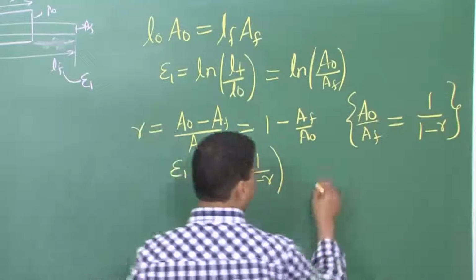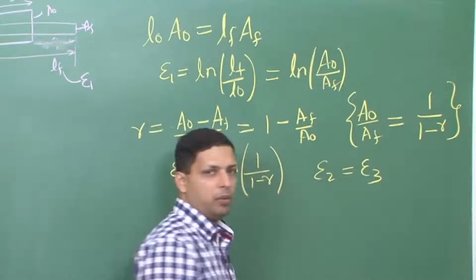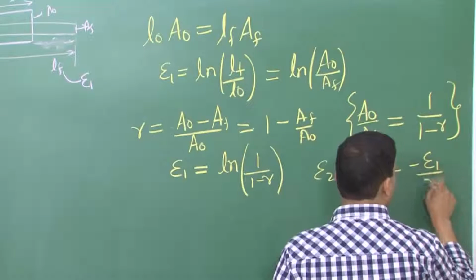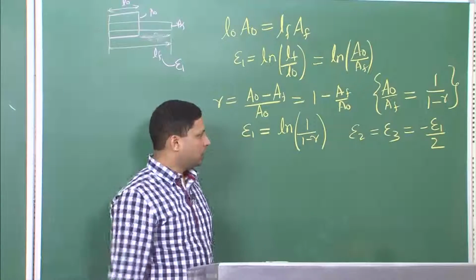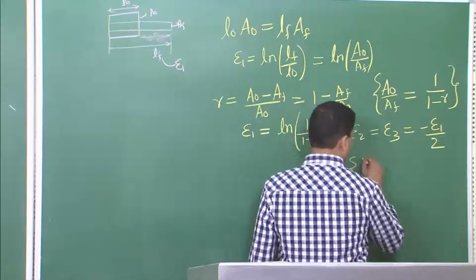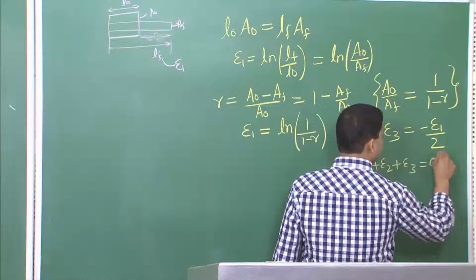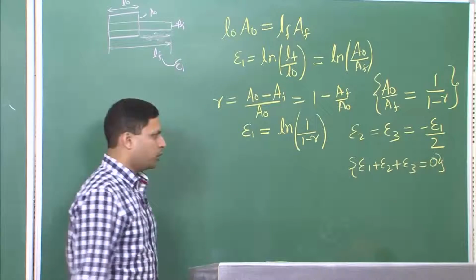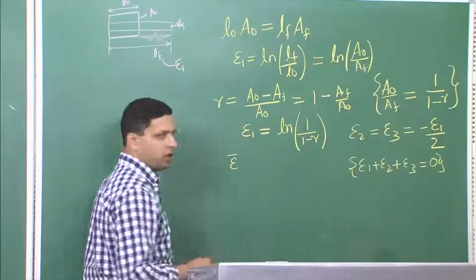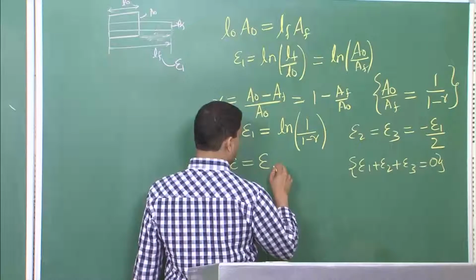Now, that is not all. What about epsilon 2 and epsilon 3? They will be equal, and each will be equal to minus epsilon 1 by 2. Why? Because we have to have incompressibility, which is epsilon 1 plus epsilon 2 plus epsilon 3 equal to 0. You remember we also did the same thing for the tensile test, and over there we saw that this implies epsilon bar is equal to epsilon 1.